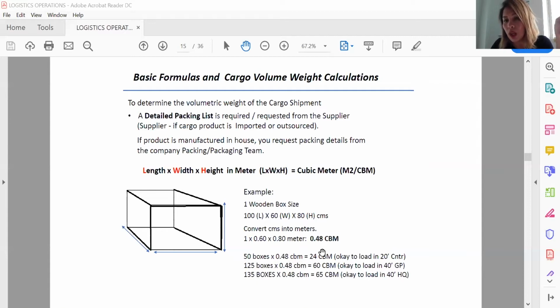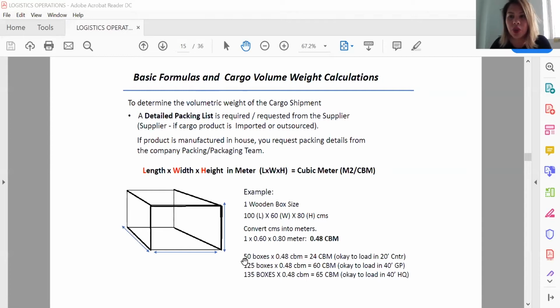24 cbm is okay to load in a 20-feet container because the 20-feet container's capacity is 25 to 27. But then again, you have to be very careful because maybe it's an odd size, and when you stack it on top of each other, the 50 boxes in reality is not 50 boxes you can fit in that container.